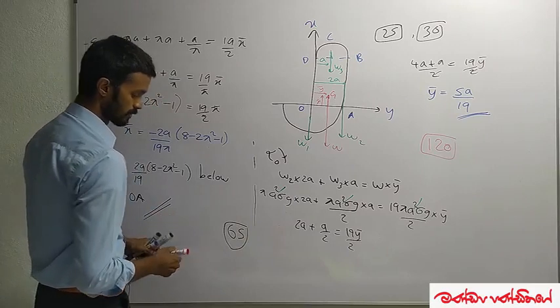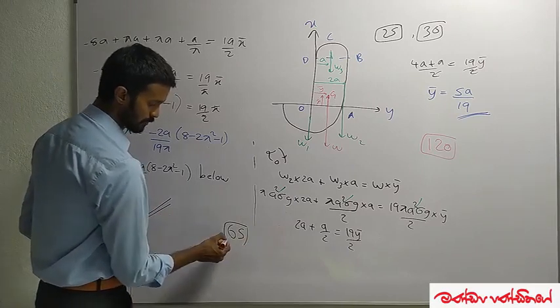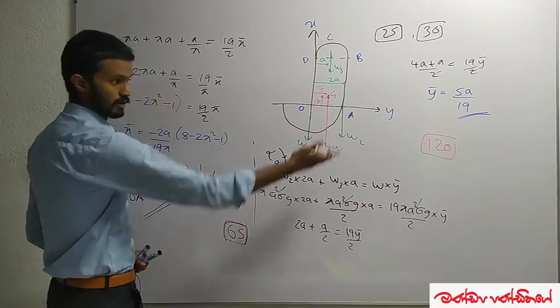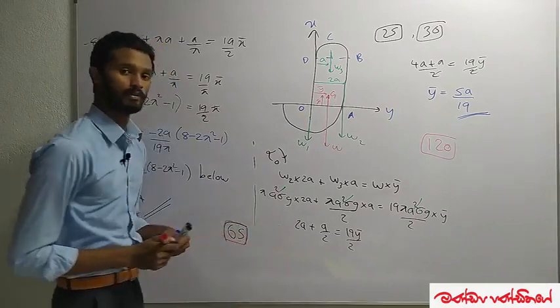So altogether, even though I won't be able to complete the equilibrium part, I have got 120 out of 150.